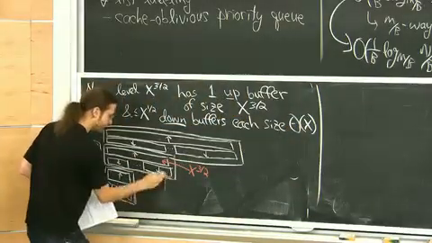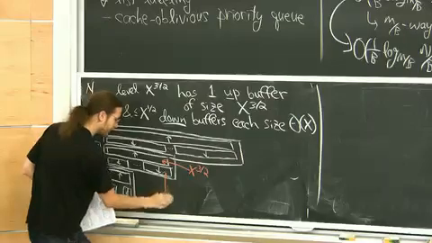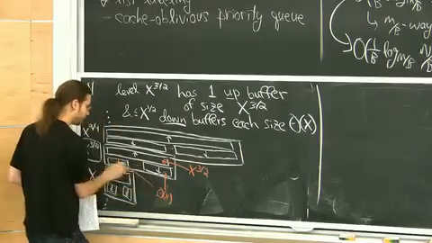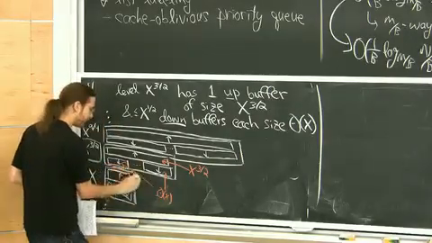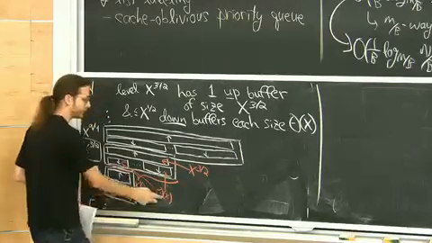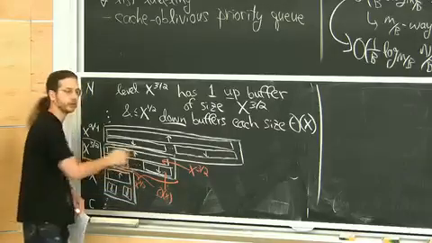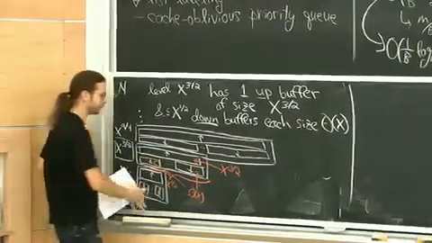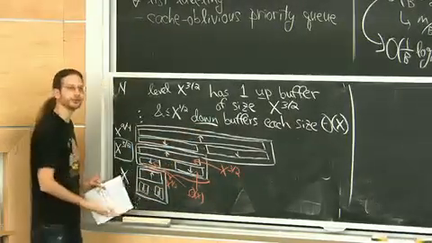So each of these guys has size theta x. And then the number of them is at most x to the 1/2. And so you take the product, that's x to the 3/2, which is the same as the up buffer. Okay, so that's the way this cookie crumbles.